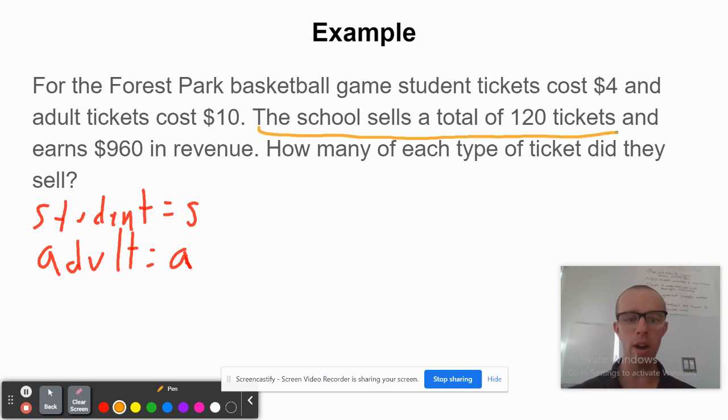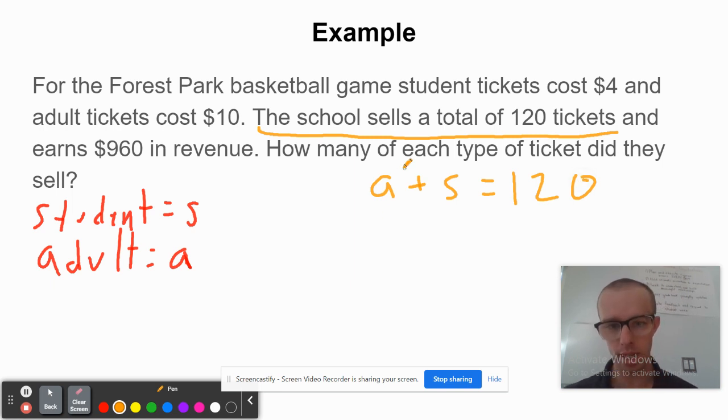So that means the amount of student tickets and the amount of adult tickets combined together equal 120. So I could write that as a math equation as A plus S equals 120. The amount of adult tickets plus the amount of student tickets is equal to 120. That makes sense given this information I just got right here.